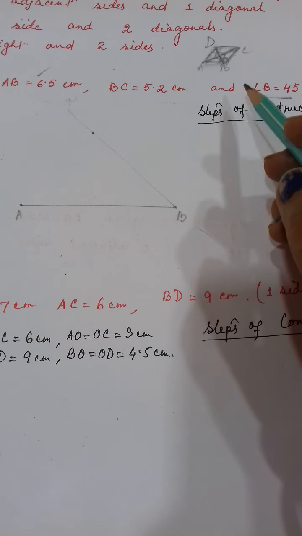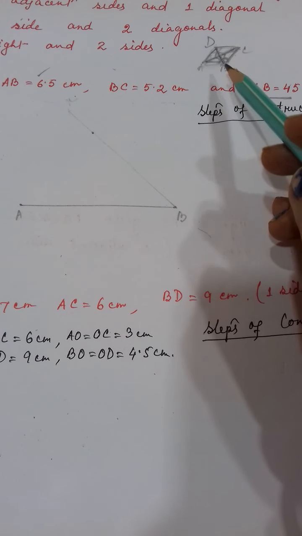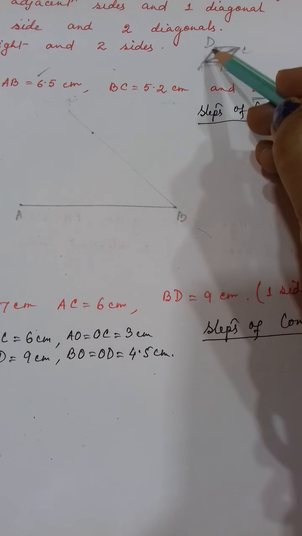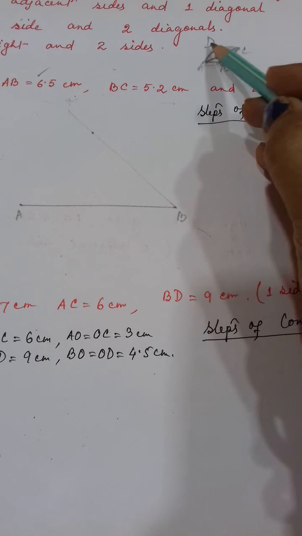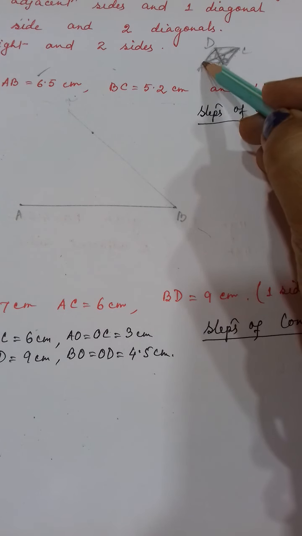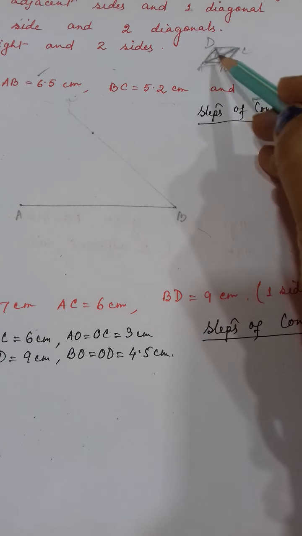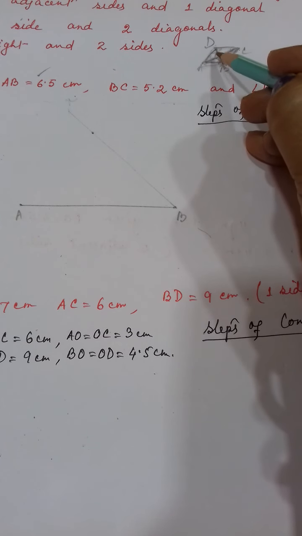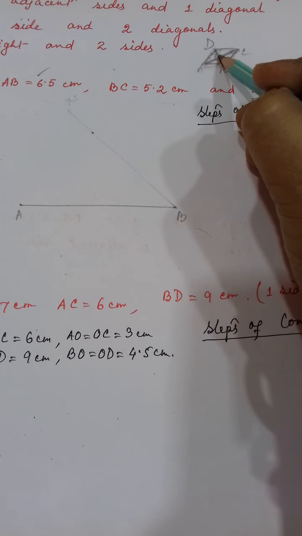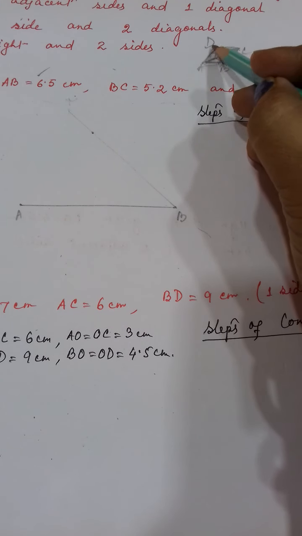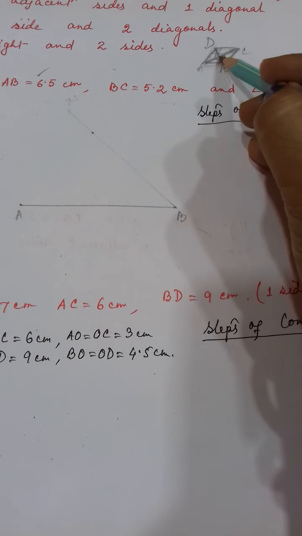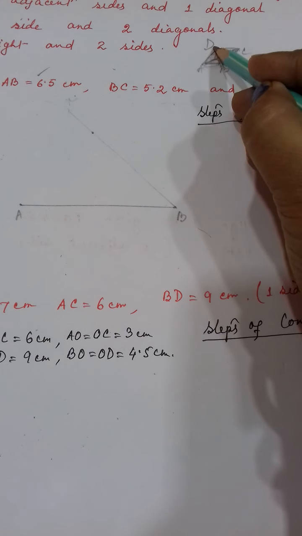In a parallelogram, diagonals bisect each other. What does it mean? Suppose AC is the diagonal and BD is also a diagonal. AC diagonal bisects BD diagonal. It means if you consider this intersection point as O, then if AC bisects BD, OB will be equal to OD.